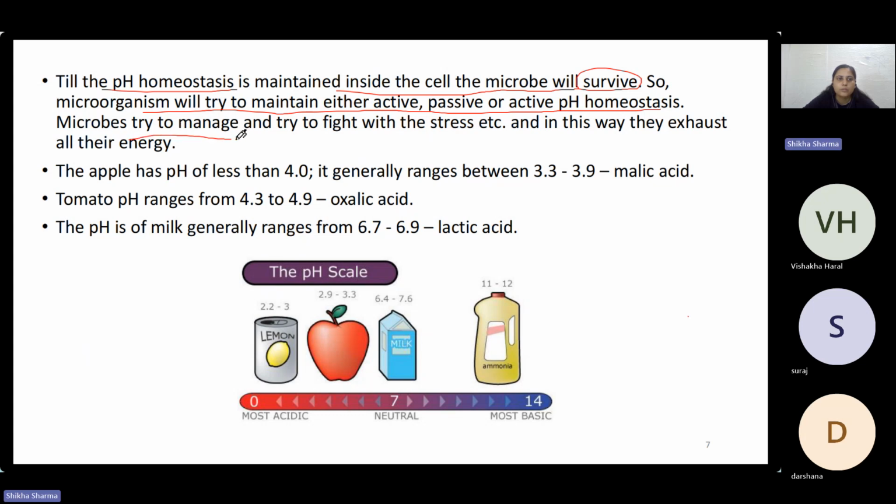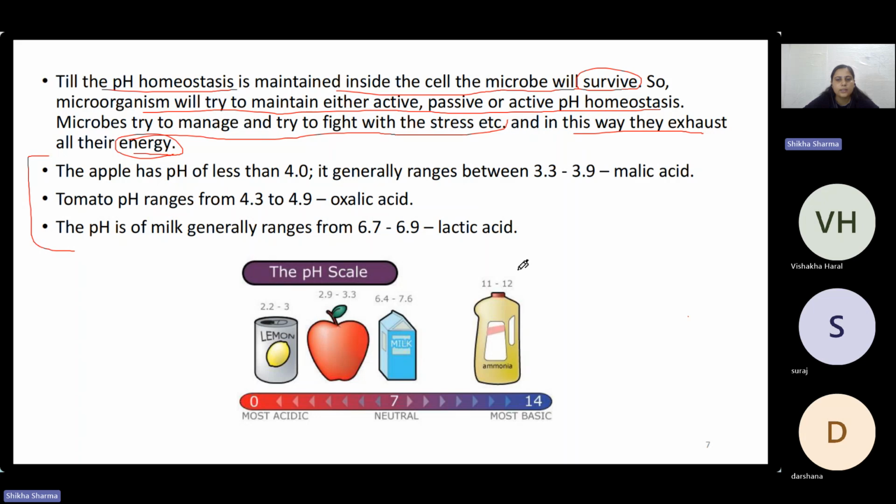It fights the stress so that the balance is maintained and it can survive. In that process a lot of energy is spent, and the microorganism becomes exhausted after a certain time, and its growth is inhibited.